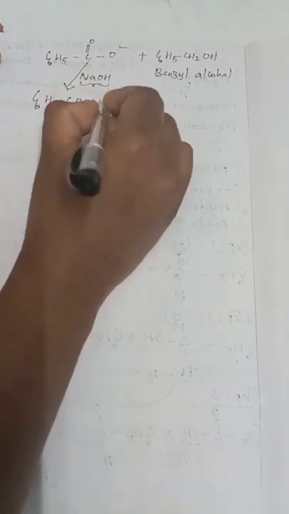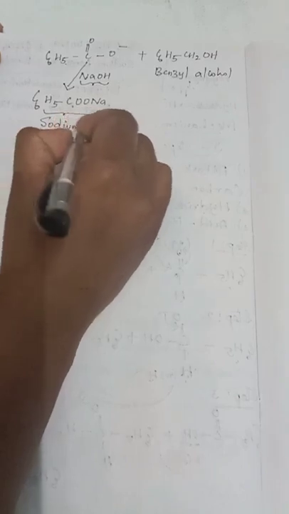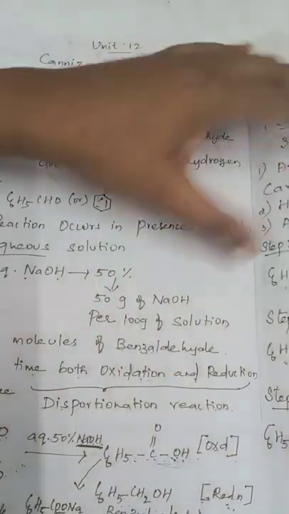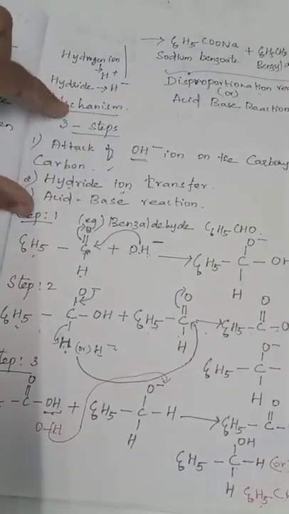So the product name is sodium benzoate. Now this reaction is called an acid-base reaction. So these are the three steps used to carry out which mechanism?